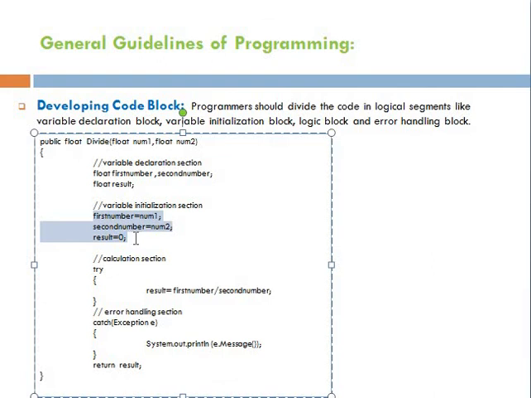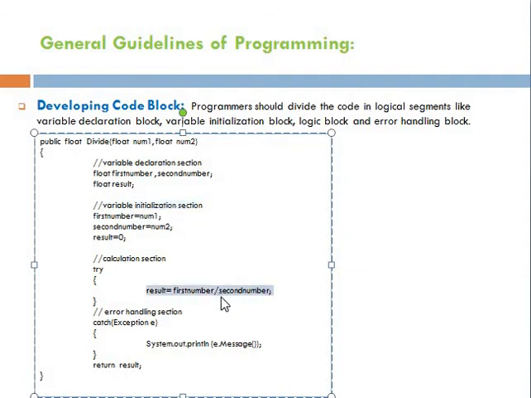This portion of the code represents the variable initialization block, where the variable first number has been initialized with the value of num1, the variable second number has been initialized with the value of num2, and the variable result has been initialized with the value 0. And this has been indicated with the help of this commented line, variable initialization section.